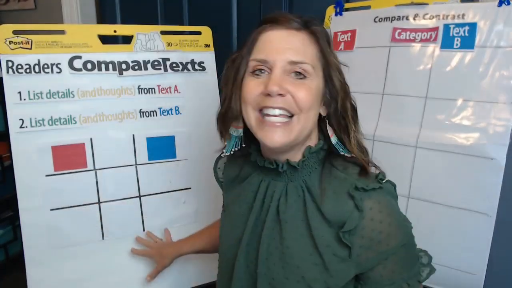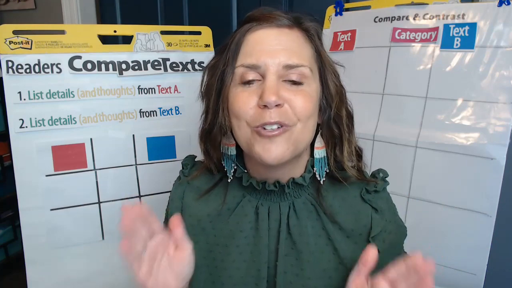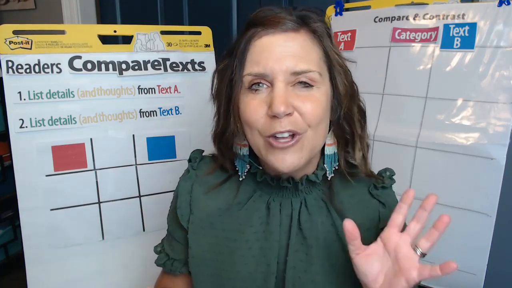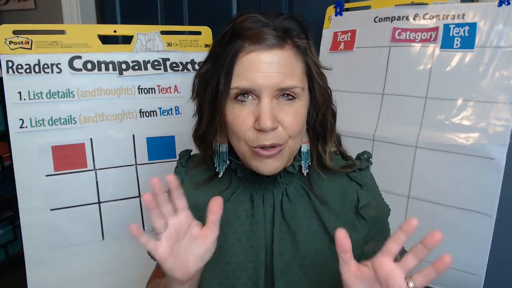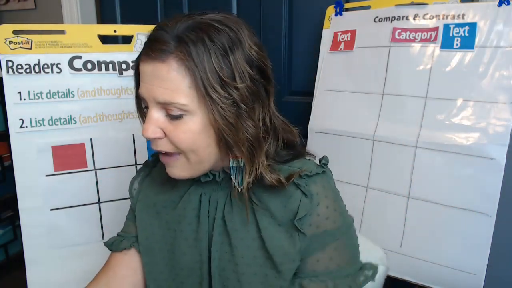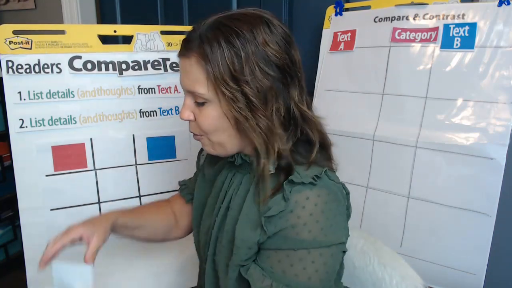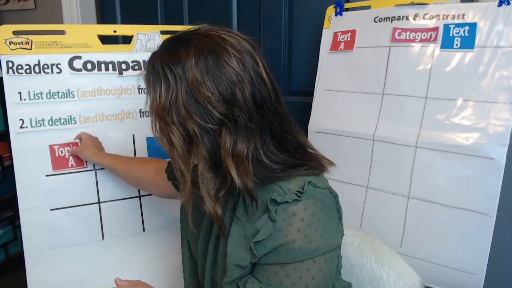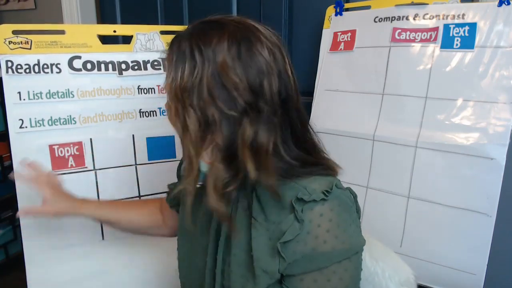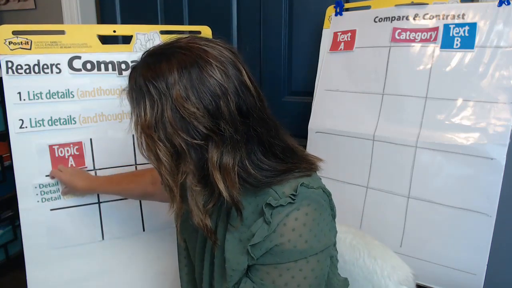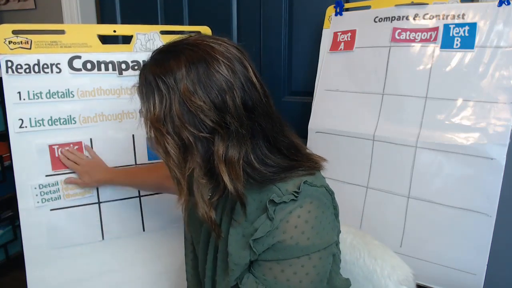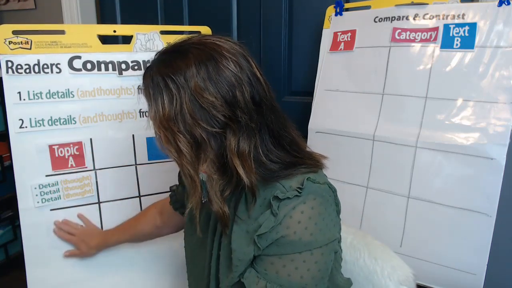And we're actually going to give you a tool today. It's called a T-chart. And it's such a great tool to use when you're comparing two different things, because it helps you see and organize your thoughts about those two different things. And so if I were reading text A, or today we're going to talk about topics, so I'm going to call it topic A. We're going to look at topic A. I would list all of my details and my thinking voice thoughts about topic A underneath topic A on this side.